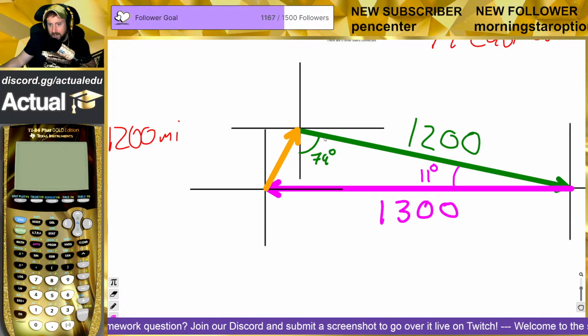Trying to do this without a calculator. I want to use law of sines. I really do. Except I don't know this angle though, Jeff. I kind of want that one too, and I want this one. I want them all.